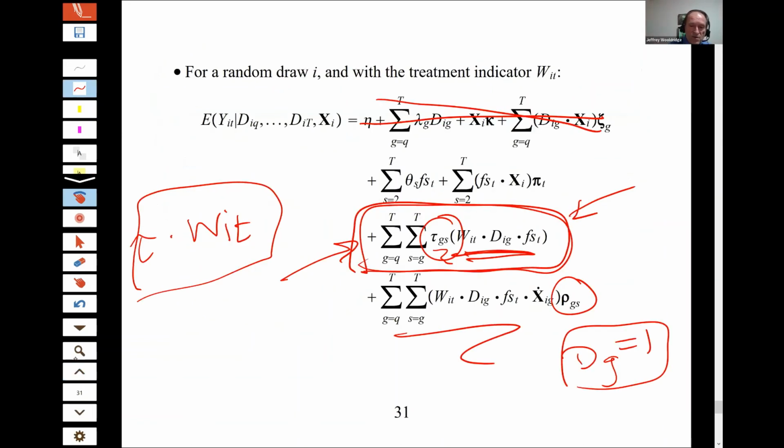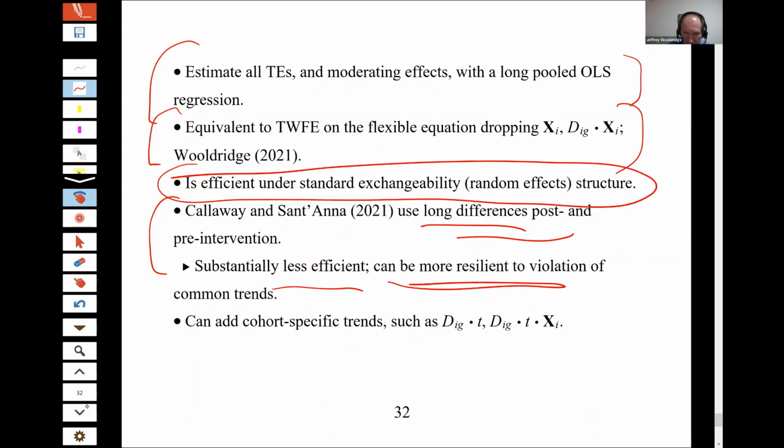You take this equation, which I've now mucked up, and you ask, what more can I add to this equation as a robustness check? And the answer is, I can allow each cohort to have its own linear trend. With a lot of time periods prior to the intervention, I can allow for more flexible trends. I could put in quadratics. And I might even allow them to have its own trend by X's as well.